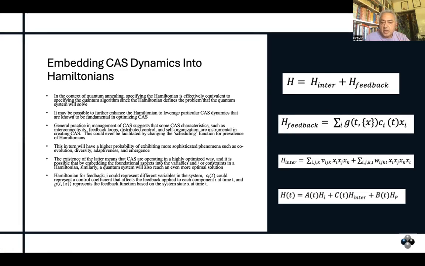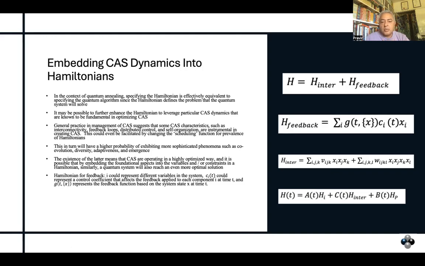then this gives us the overall feedback that's happening in the system. So if now we create some kind of intermediate Hamiltonian that, say, has this feedback Hamiltonian embedded in it, amongst other CAS dynamics, then we can create a scheduling function such that we've got A(t) decreasing as the system evolves, B(t) increasing as the system evolves, and then C(t) being some kind of other function in which that feedback is amplified.